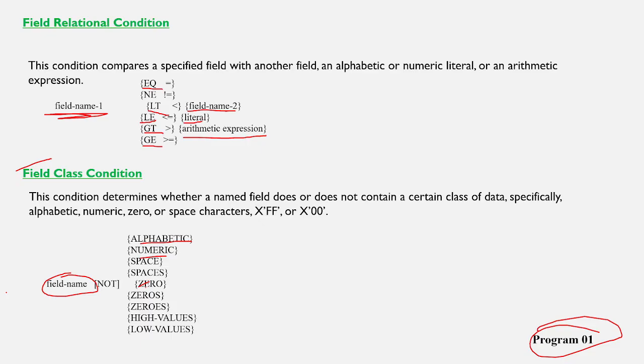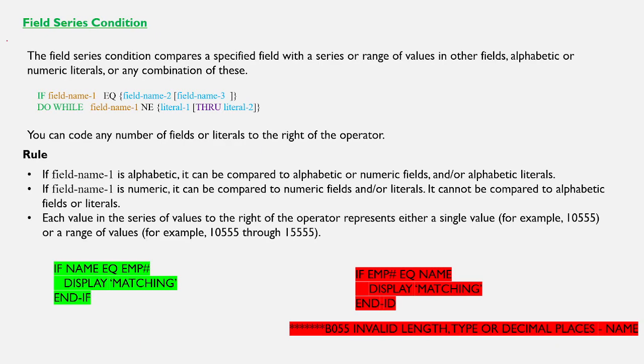Next is the field series condition. In this condition, we compare a field with a series of fields, like field 2 or field 3. If our field name matches any of field 2 or field 3, then it becomes true. The same case applies in the DO WHILE, like field name not equal to literal 1 through literal 2.